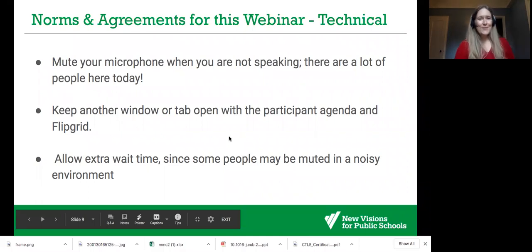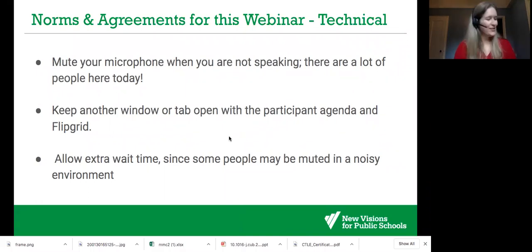So our norms and agreements: I think everyone is used to using Zoom and other video formats by now. We know that it's best to keep our microphone muted when we're not talking, just to minimize background noise. Today we're also going to have several different resources that you're going to need to open and use.